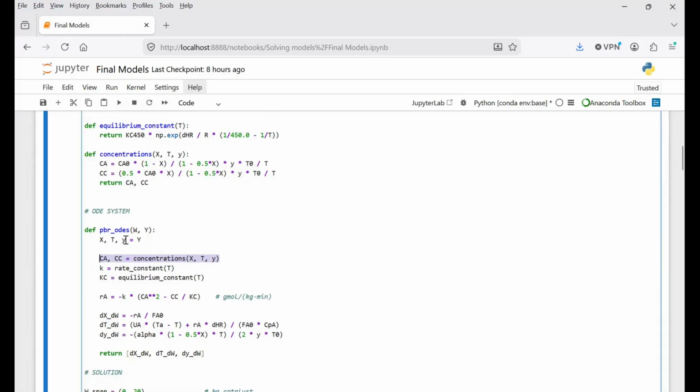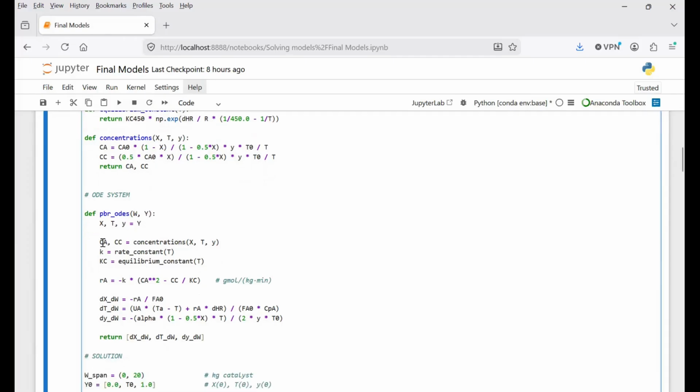This X, T, y is the input to this function, and you can unpack the variables. So x is the first, temperature is the second, and y is the third. So we'll pass this as an argument when we call that function.